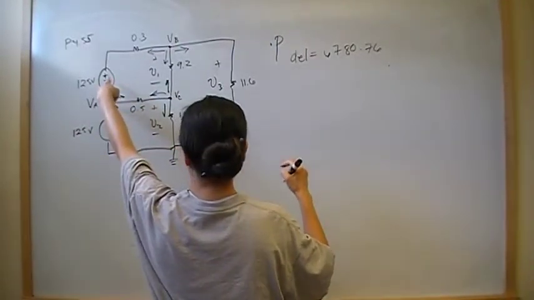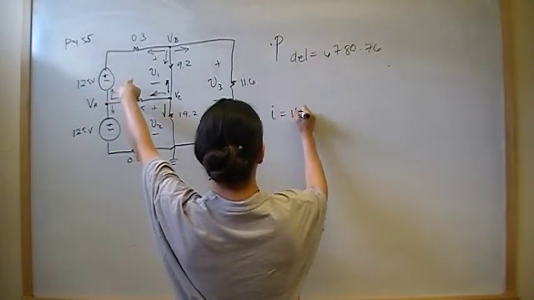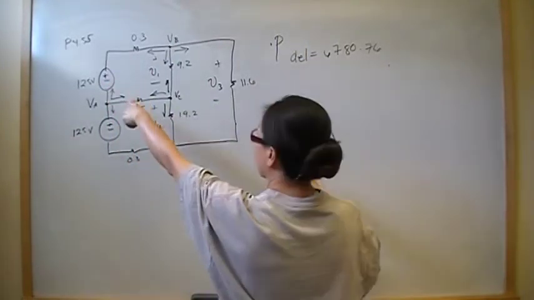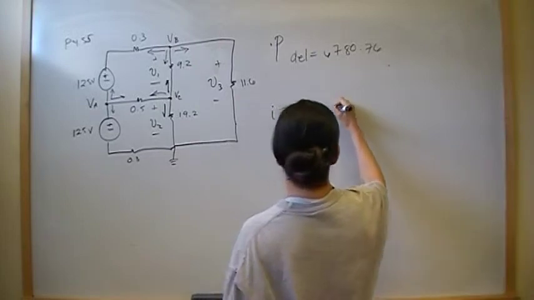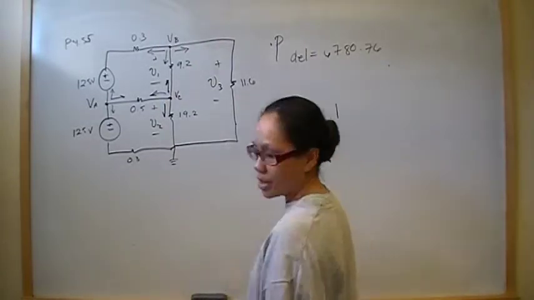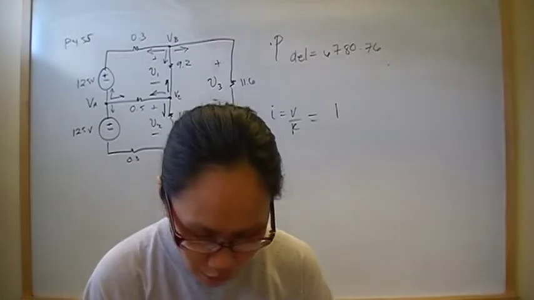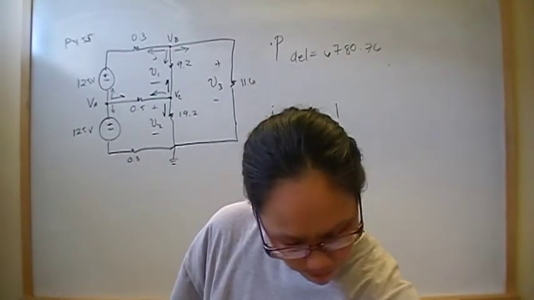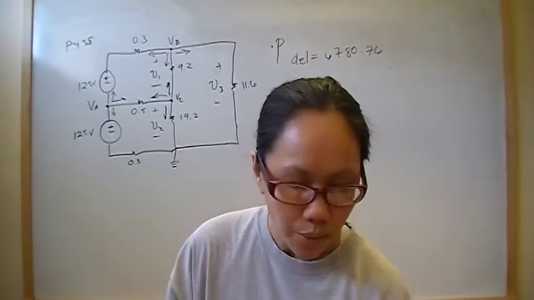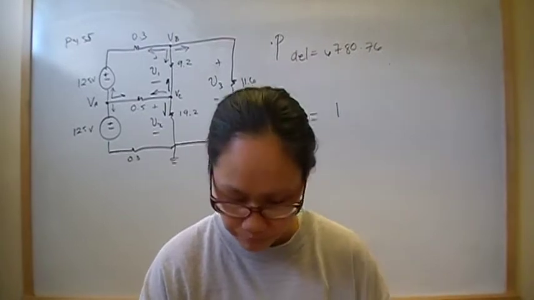So we're looking for I is equal to V over R. In this case, the V is going to be VA, which we found out to be, what did we say VA was?